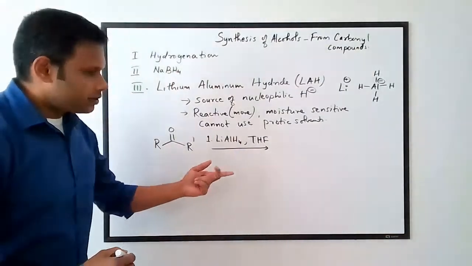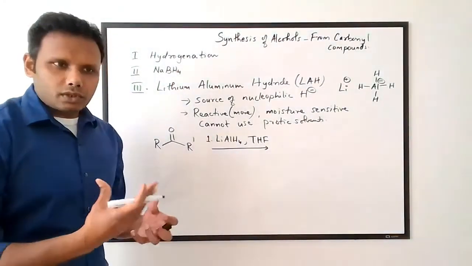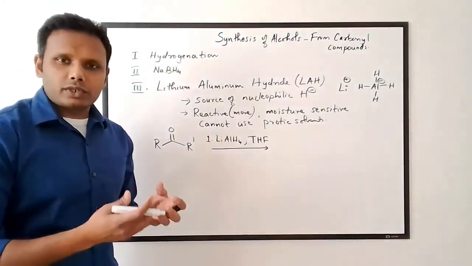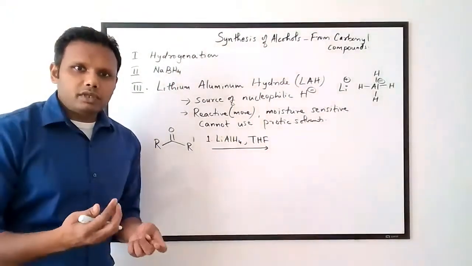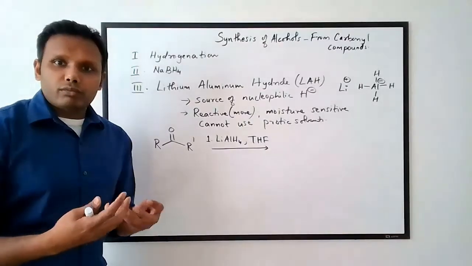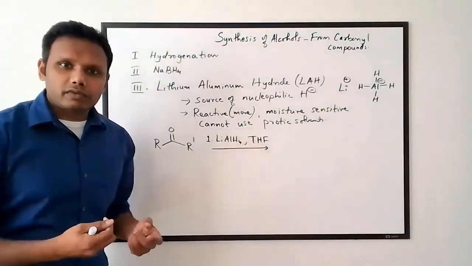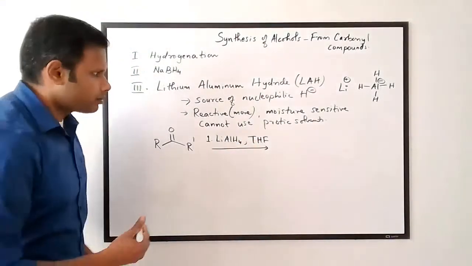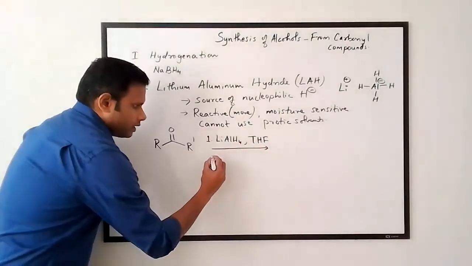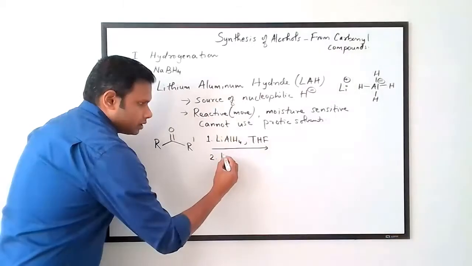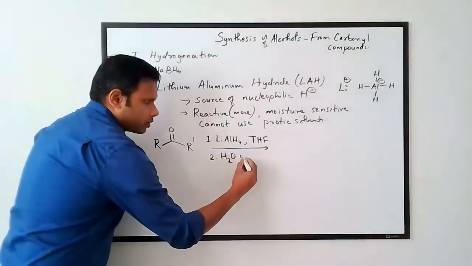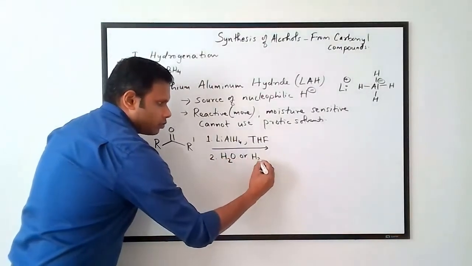This is an ether, and you can buy this solvent as a dry solvent, or you can dry the solvent using sodium. By drying, I mean you can remove the moisture in it. So you can get the solvent in an anhydrous form, with THF. And then you finish this reaction off using a water workup or an acidic workup.